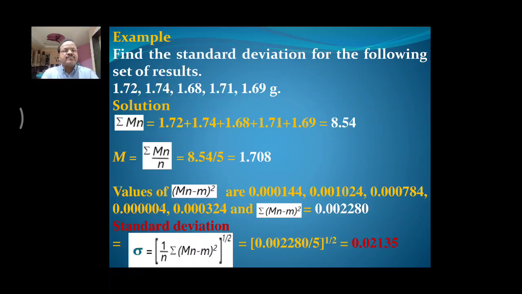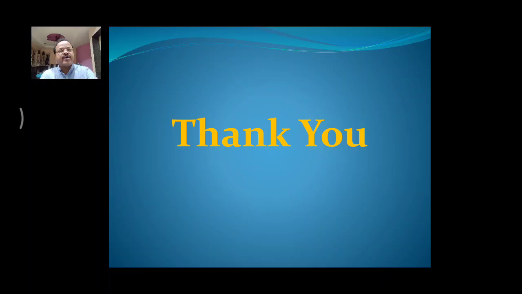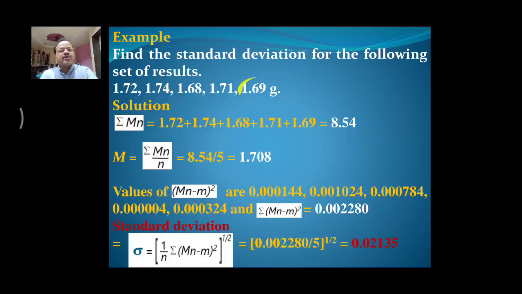Now let us see one example. Find the standard deviation for the following set of results. The first is 1.72, second one is 1.74, 1.68, 1.71, 1.69.